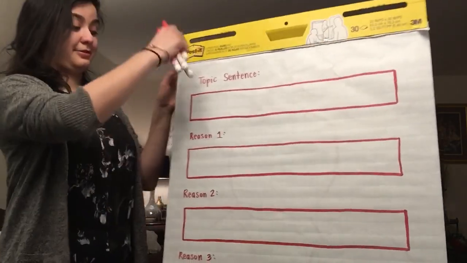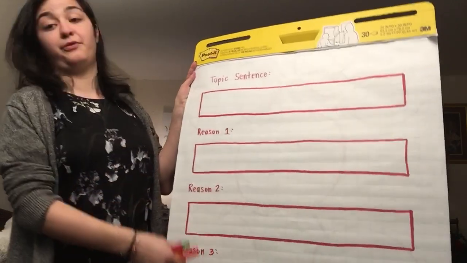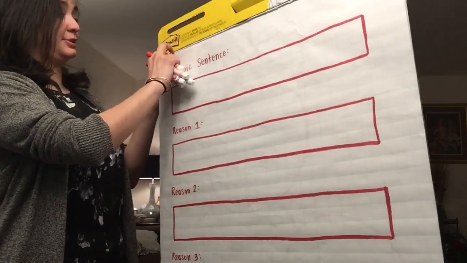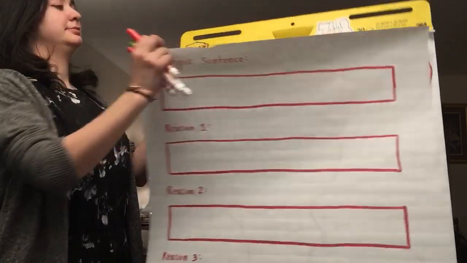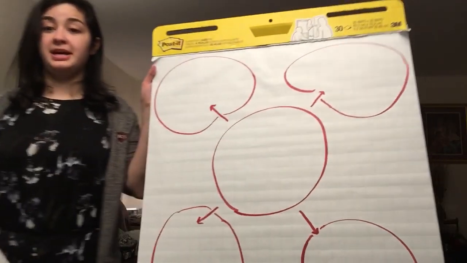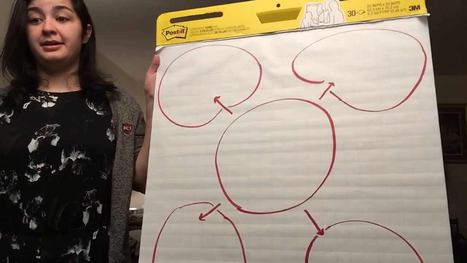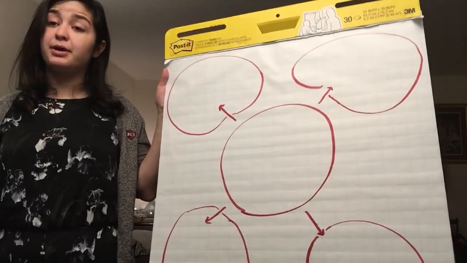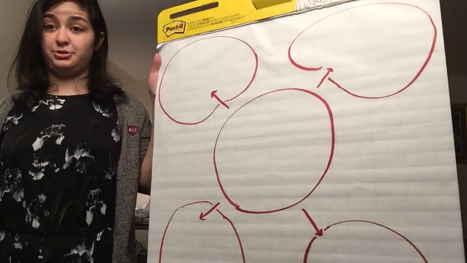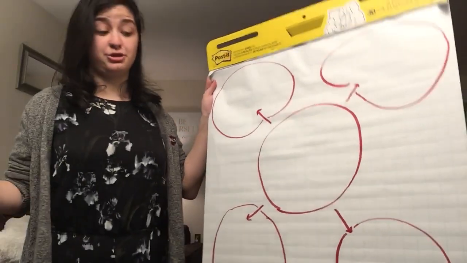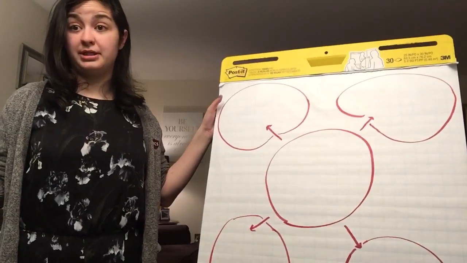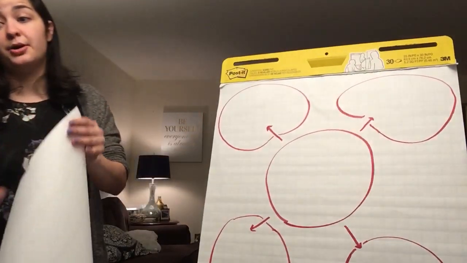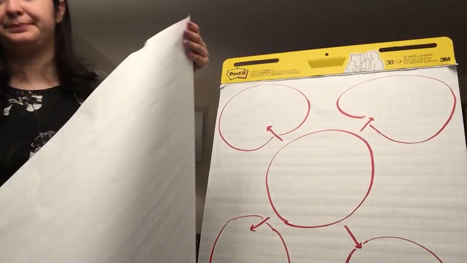Now it has 1, 2, 3, 4 boxes on it. That's your box and bullet. And this one is your web. Now, today I am going to let you choose whichever one you would like to use. I'm going to show you my plan with both. So we're going to start with this box and bullet.